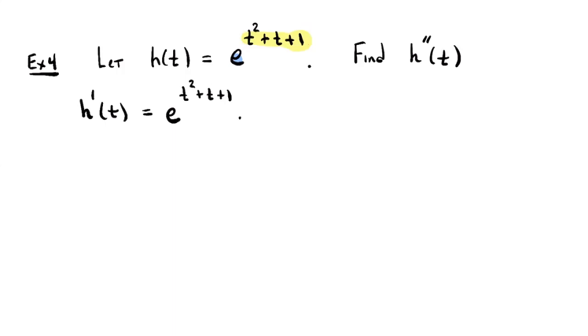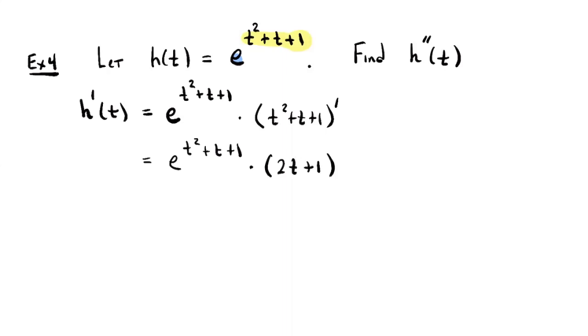But now I need to multiply that by the derivative of the exponent, (t^2 + t + 1) prime. So there's the chain rule done, and now we just have to do the details. So we get e^(t^2 + t + 1) times the derivative of that polynomial, which is 2t + 1. So there's your first derivative.